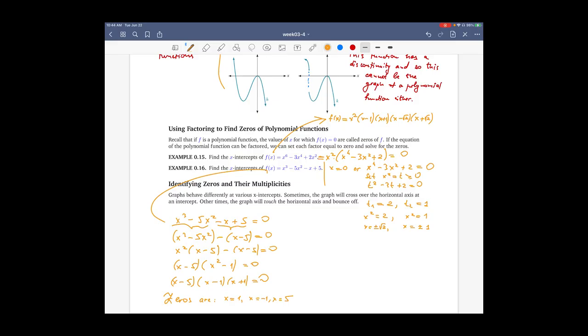Naturally, when the graph of some function crosses the x-axis, which happens exactly where f is 0, there could be two different situations.